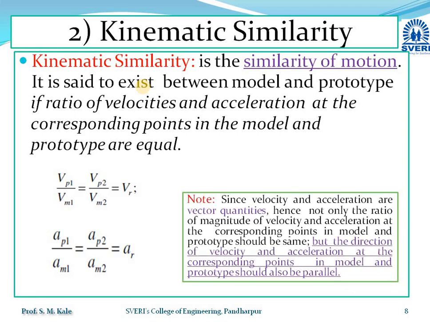As velocity and acceleration are vector quantities, the magnitude as well as the direction play an important role. So in case of complete similarity, not only should the magnitude of velocity and acceleration at the corresponding points be the same, but also the direction of velocity and acceleration at the corresponding points in the model and prototype should be parallel. Then and only then is there a kinematic similarity.